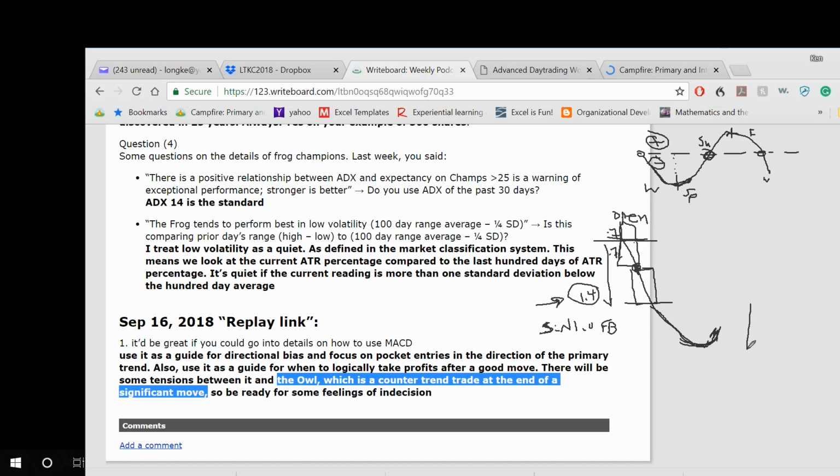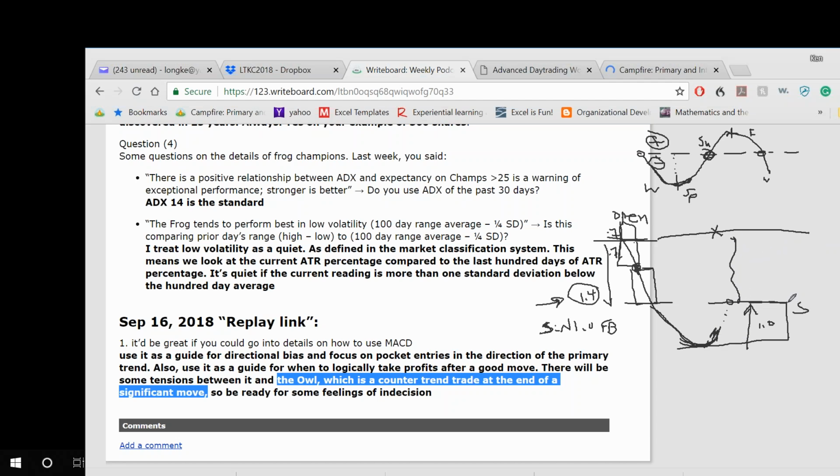As you think about this now, if this is the bottom of that move, and if you were to put a 1.0 frog box off the bottom, you would say, a move of 1.0 frog boxes off the bottom would be a signal that maybe this thing is going to come back to the opening, and so you would try to capture that move right there.